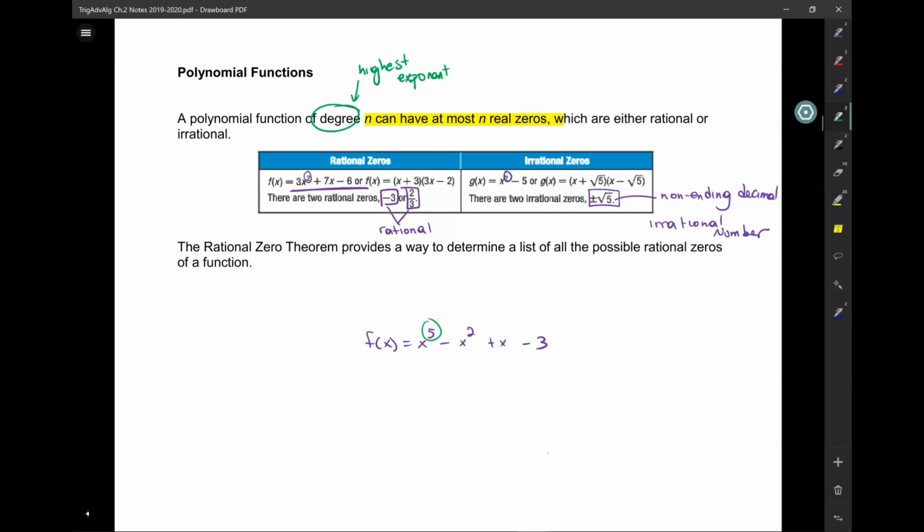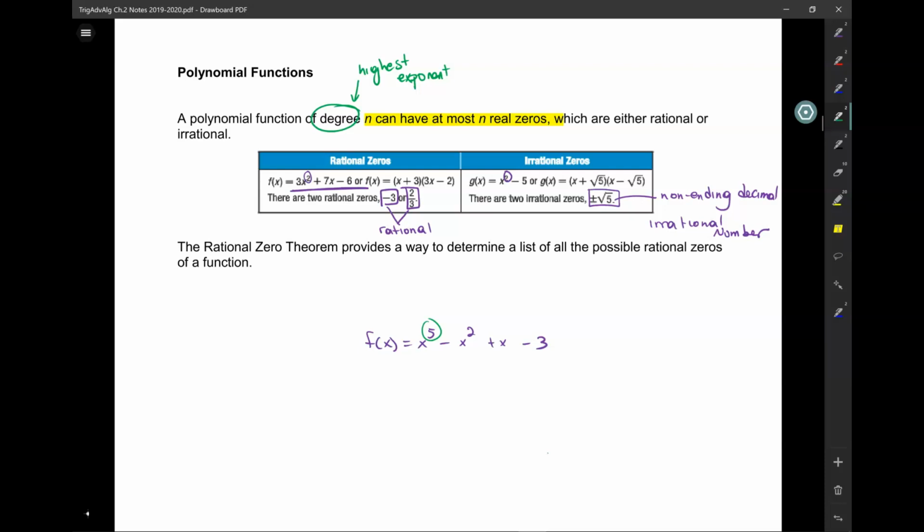Now, there are a couple things you can do to find those zeros. One thing is, think about how many numbers are in the world. Infinite. You can sit and you can plug in every single number you can think of until you find the 5 that give you zeros, right? Okay, plug in 1, 2, 3, -1, -2, -3. But then you also have to do like 1 over 2, 1 over 3, 3 over 7, 4 over 7.